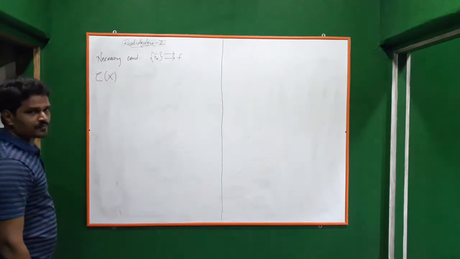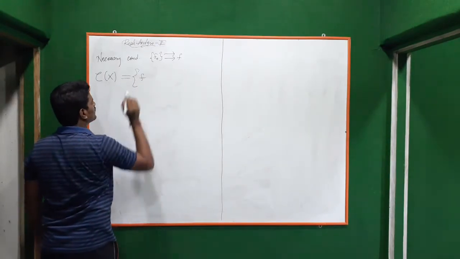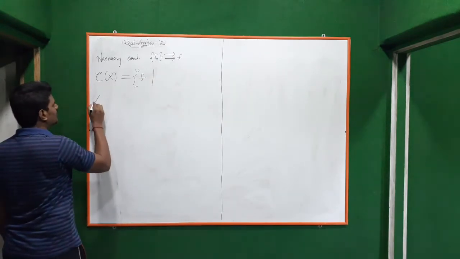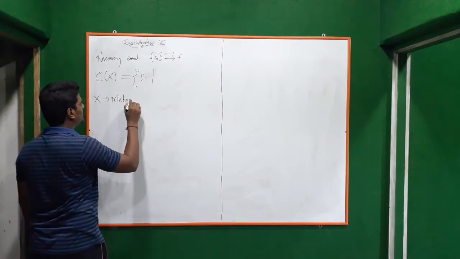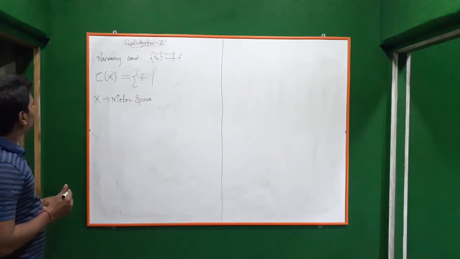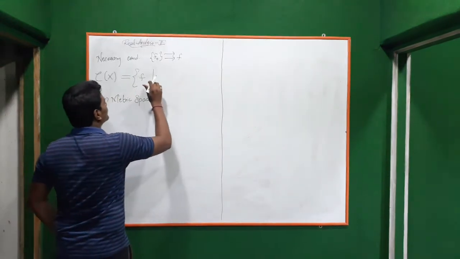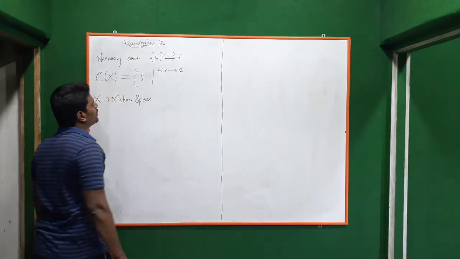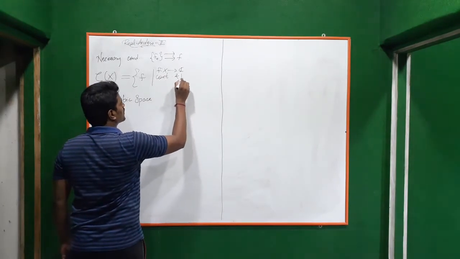Okay, C of X. This is defined as the set of all functions f. So we have to speak about X. X is any metric space, need not be in C or R. So X is a metric space, and we have some class of functions with respect to this X. That is the collection of all f, where f is a function from X to C. So f is a complex valued function which is continuous and bounded.